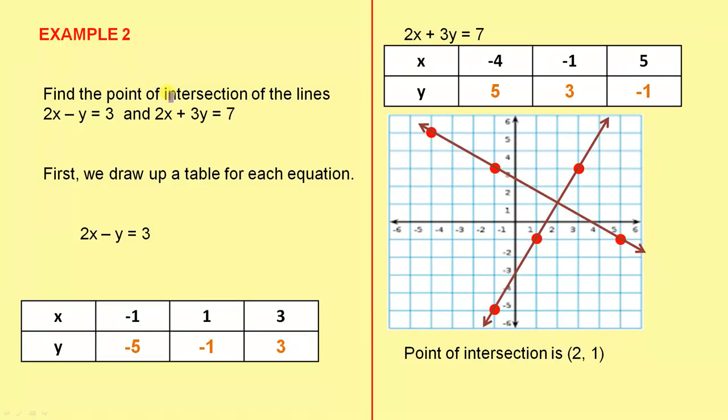Second example, find the point of intersection of the lines 2x minus y equals 3 and 2x plus 3y equals 7. So first we draw up a table for each equation. So there's the first one. I've chosen -1, 1 and 3 for the x values. And after we substitute each of those x values into this equation here, we get these resultant y values.